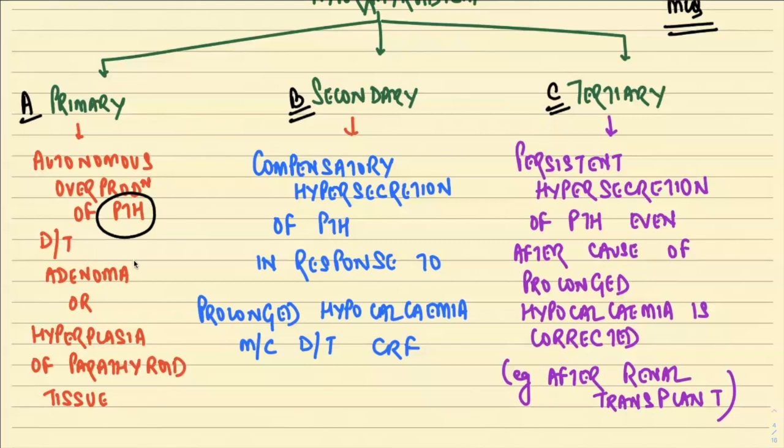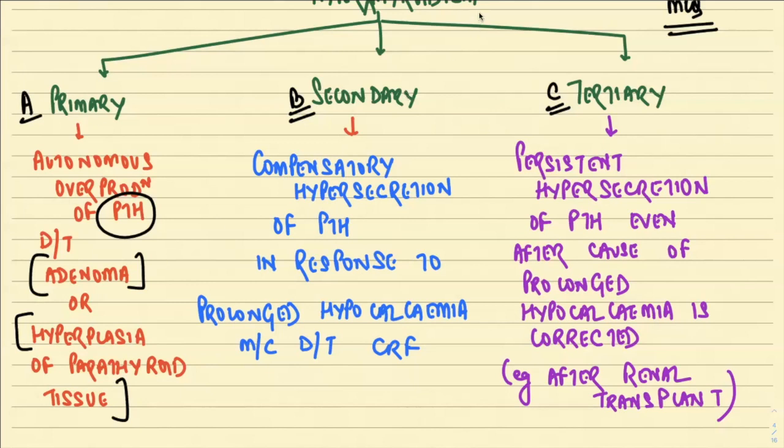It is occurring because of the presence of either a parathyroid adenoma, which is a benign neoplastic lesion of the parathyroid, or because of hyperplasia of the parathyroid tissue. Sometimes in some cases it might be a parathyroid carcinoma as well, but in very few cases. Mainly the majority of cases are because of an adenoma or a hyperplasia.